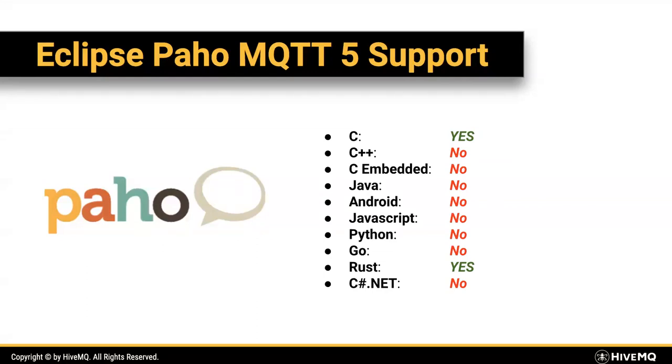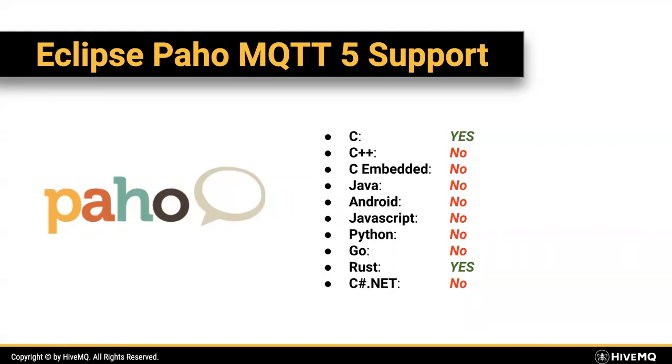So at least their documentation suggests that this is not possible. There is fortunately a lot of activity on GitHub, but I'm not aware of any uses of this in production yet. So if you're using this in production with MQTT 5, please make sure to also write this in the questions. So I would be very interested in this.